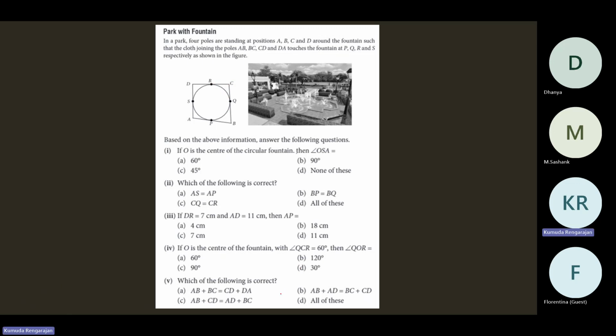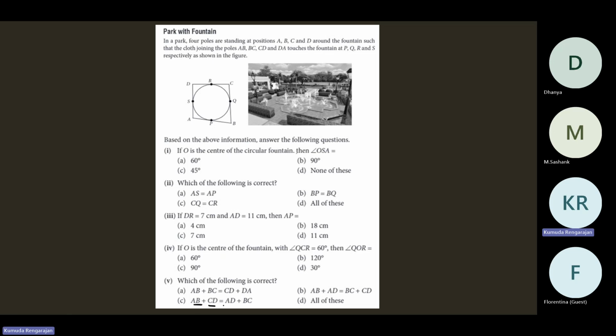Okay, which of the following is correct? So we know that when a quadrilateral circumscribes a circle, the sum of the opposite sides are equal. So that means AB plus CD is equal to BC plus AD.